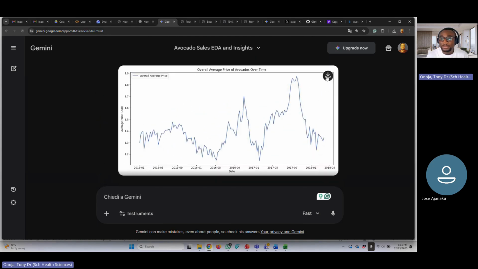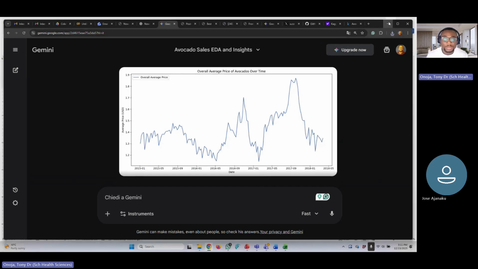You can copy that. You don't need to download this, you can just copy the image.